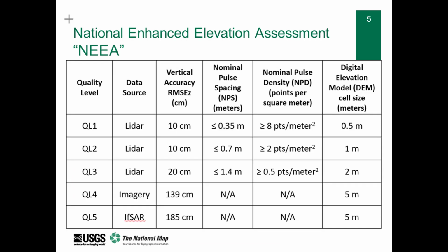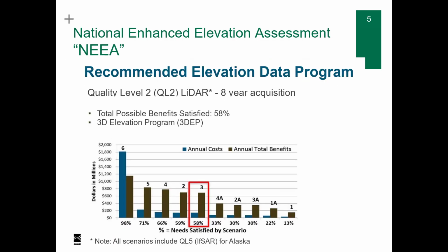NEA proposed several different quality levels of elevation data with varying data resolution, accuracy, and cost. QL1 represents the highest quality product, whereas QL5 was the lowest. A cost-benefit analysis was performed to determine the elevation products best meeting user needs.